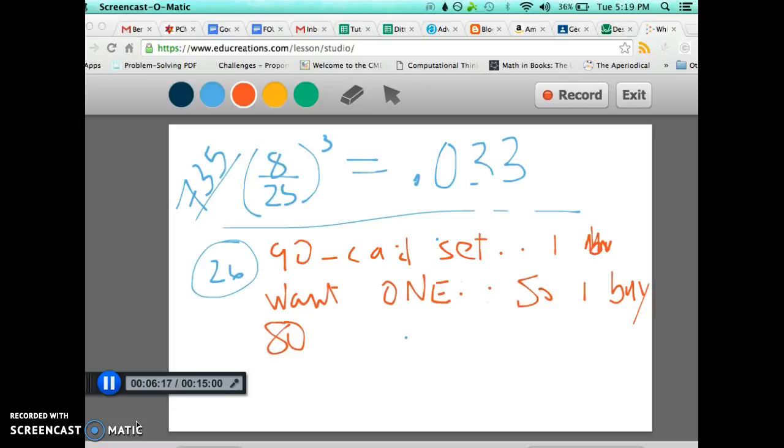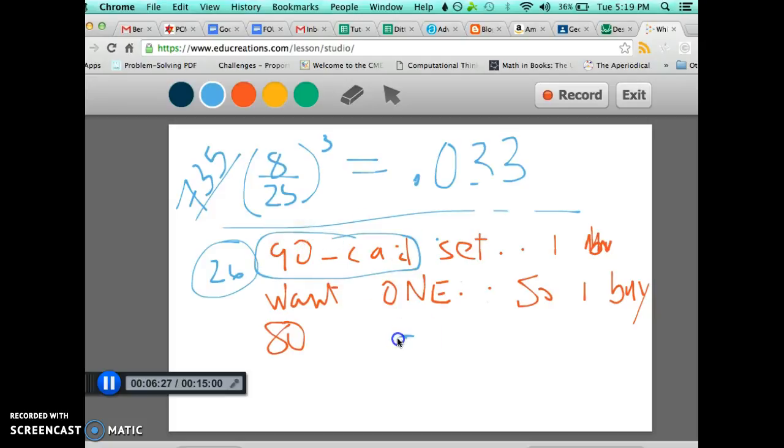The probability of not getting the card: there's 89 cards that are not our card, right? So it would be 89 times 88 times 87, all the way down. We're doing 8 cards, so 89, 88, 87, 86, 85, 84, 83, 82.